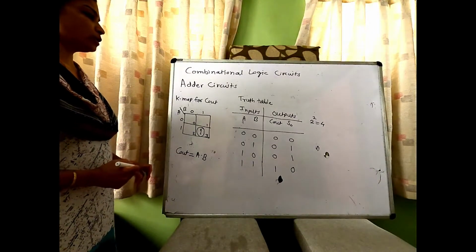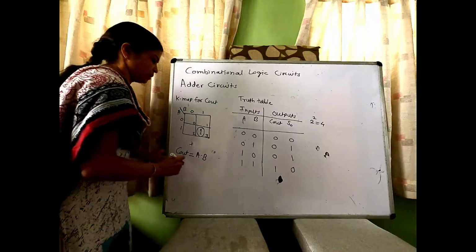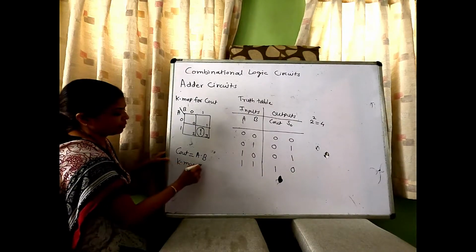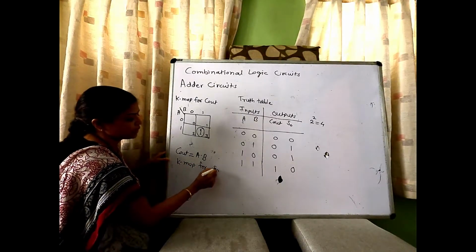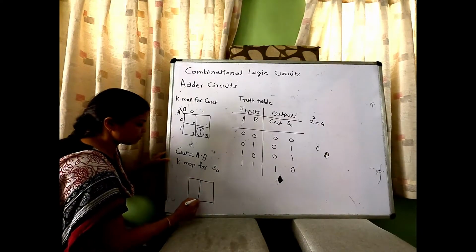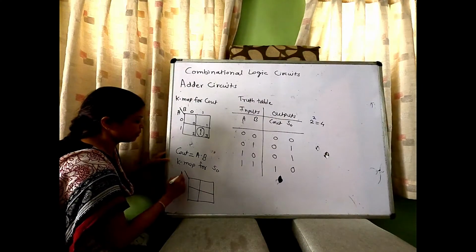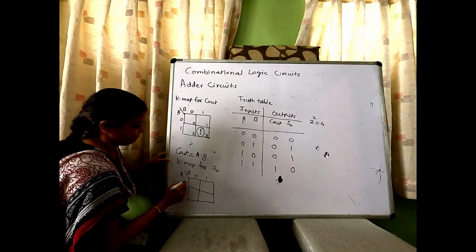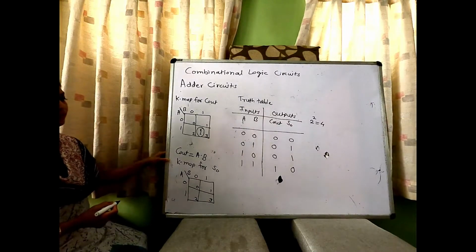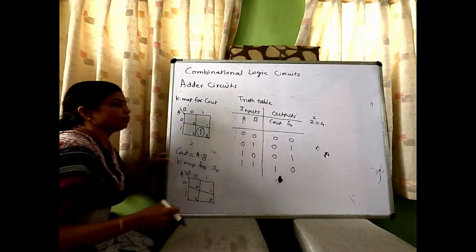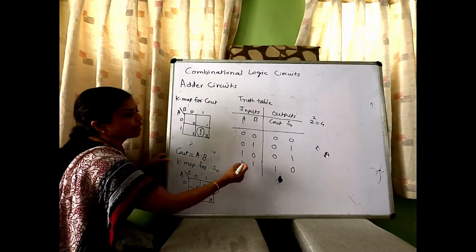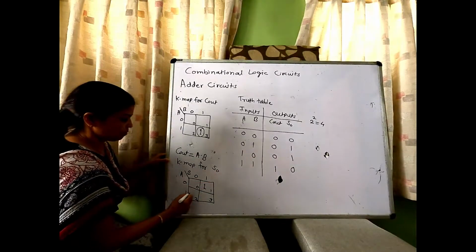Same way we will go for the S0 K-map. So we will have here the K-map for S0, that is the sum output. Again here we will go with the two variable K-map, as we have two inputs A and B. The cell numbers are written in this way. Now observe this column for the sum output. Here we have 1 for 0 1, that is 1, and 1 0, that is 1.